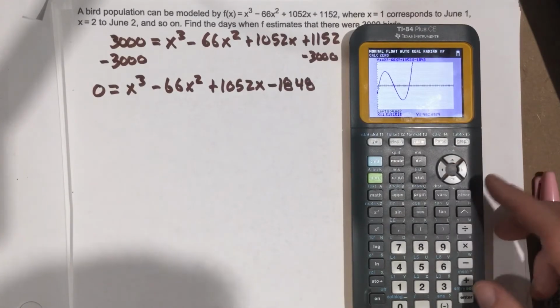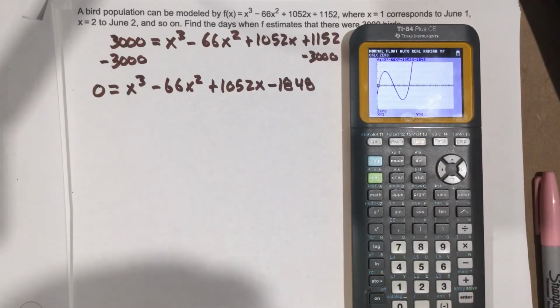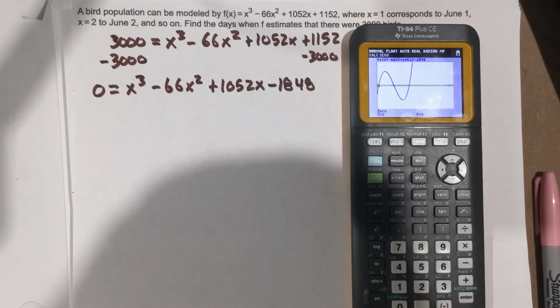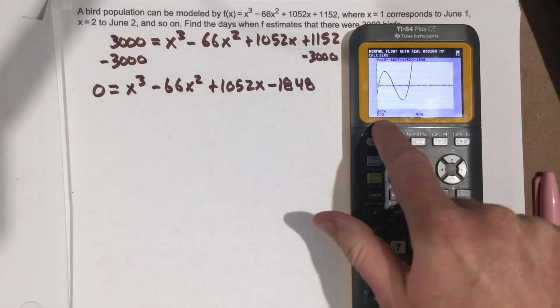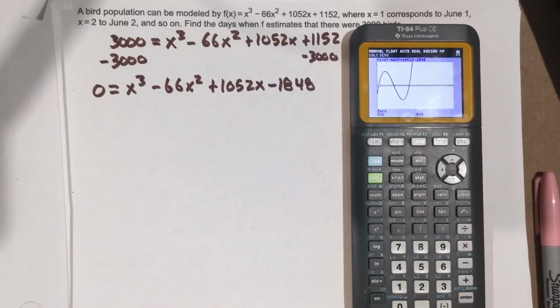Okay, there we go. Left bound, right bound, guess it. It says one of our zeros is x equals 2. We know the y is 0.